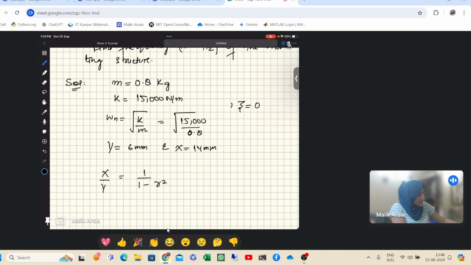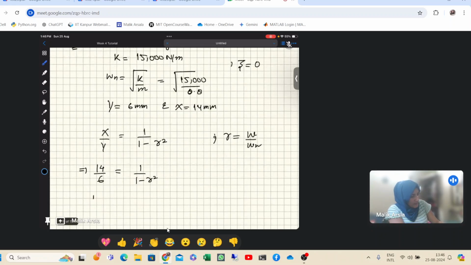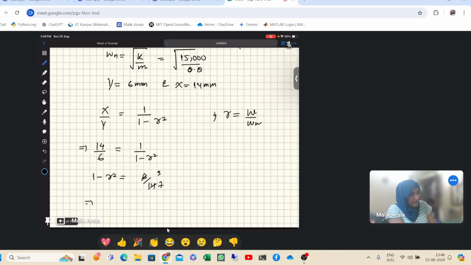Now r is basically omega upon omega n, right? So let me first simplify this expression. So we have 14 by 6 is equal to 1 upon 1 minus r squared, okay? So 1 minus r square is 6 by 14, that is say 2 3s are 6, 2 7s are 14. So yeah, 1 minus 3 by 7 is r square.